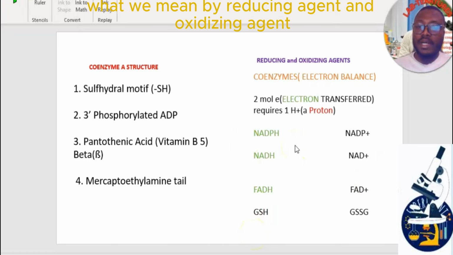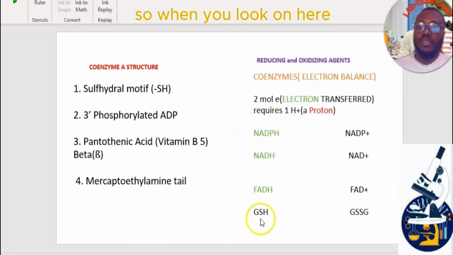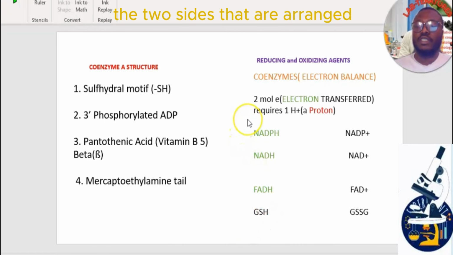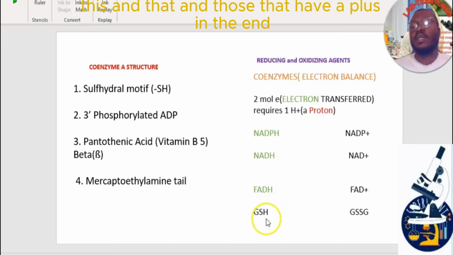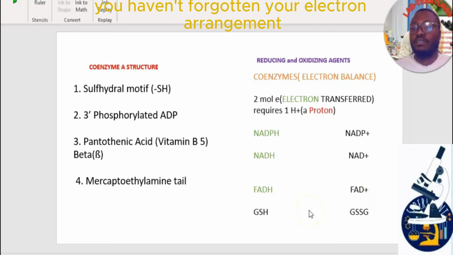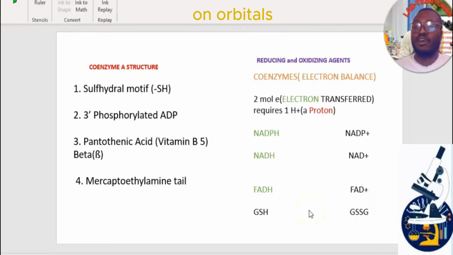What do we mean by reducing agent and oxidizing agent? When you look on here, at the two sides that I've arranged, you've got those that have an H at the end, and those that have a plus at the end. Of course you haven't forgotten your electron arrangement on orbitals.